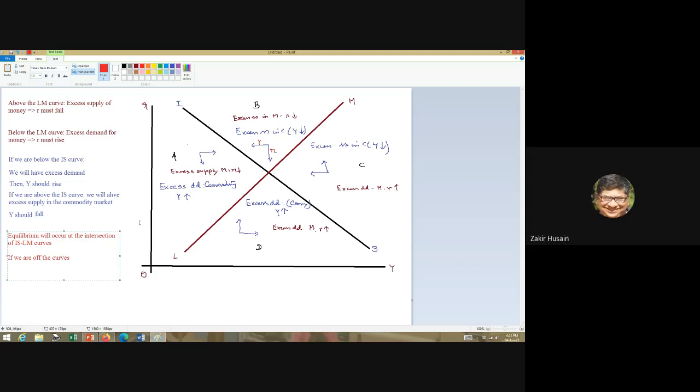Yes. Okay. So if we are on one curve only, we have equilibrium in that market and disequilibrium in the other market or markets.